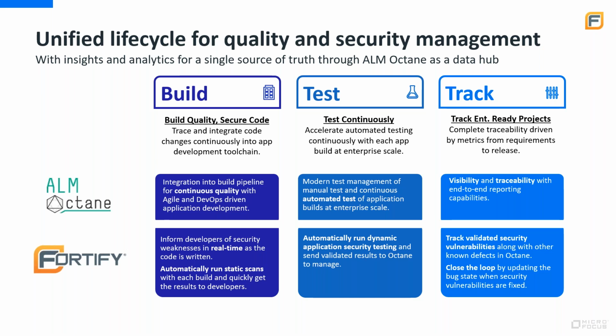Same thing with automatically running your static scans on build, which can really quickly get you your results so you can start remediation. Testing continuously, if you're doing a regression test, we can do this as scripts, especially on the black box style tests. And then we can also send these back to Octane, like I mentioned before.